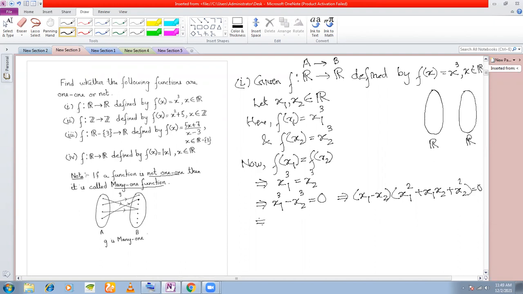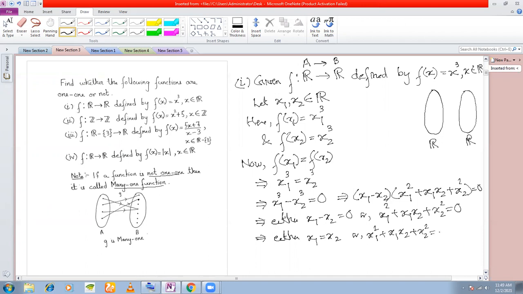That means either x1 minus x2 is equal to 0 or x1 square plus x1 x2 plus x2 square is equal to 0. That means either x1 is equal to x2 or x1 square plus x1 x2 plus x2 square is equal to 0.